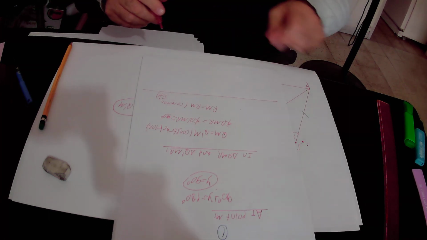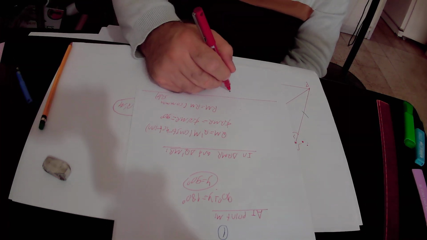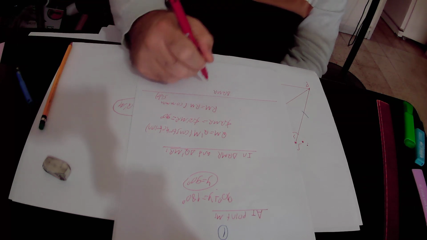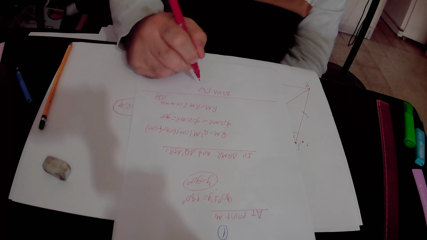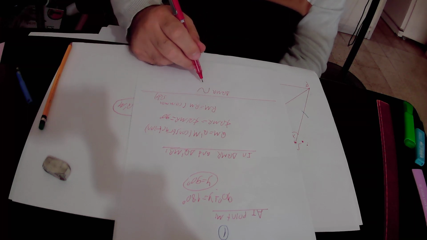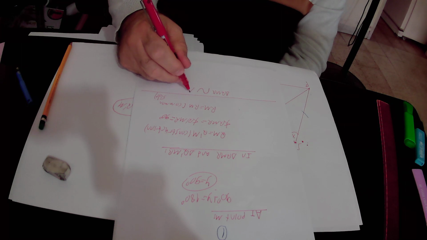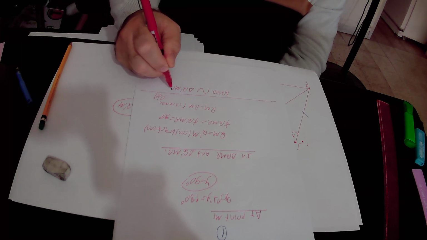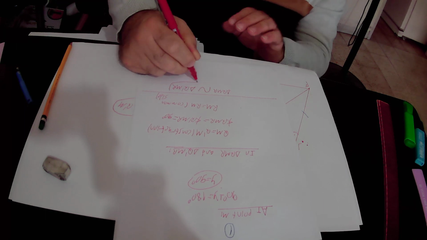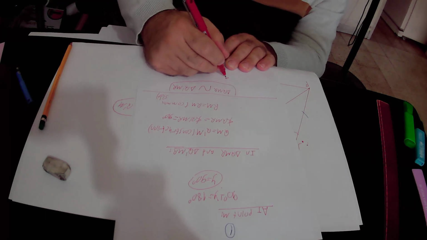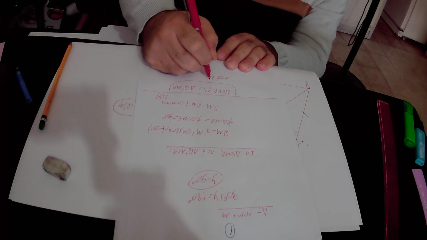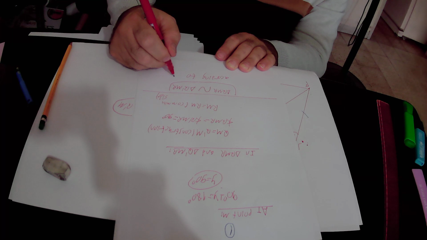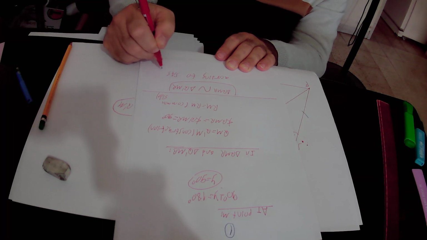We found out that triangle QMR is congruent, this is the sign of congruent, to triangle Q dash MR according to side angle side rule.